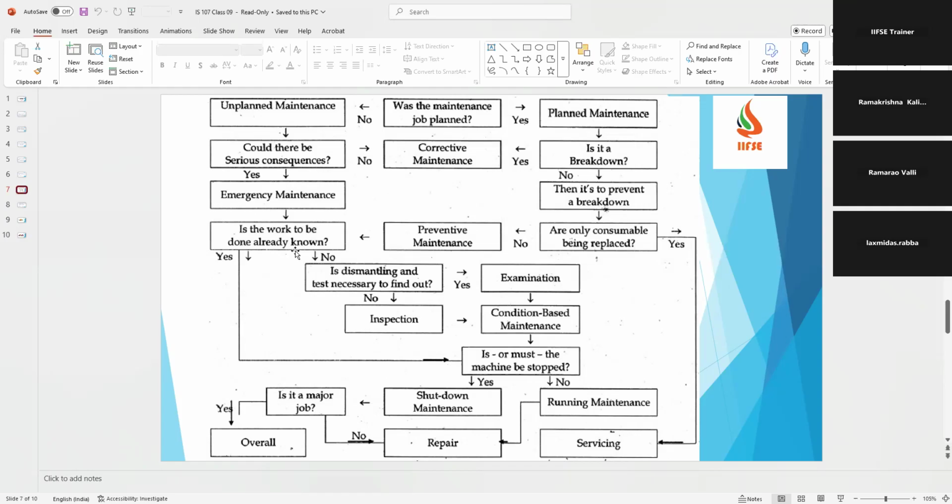He is not able to identify the problem. Like doctors, they say, okay, we are not able to find it, we need to do some more tests. They keep suggesting different kinds of examinations or tests for a patient to identify the real cause of the problem. In the same way, if they know what to do, then it goes to: must the machine be stopped?